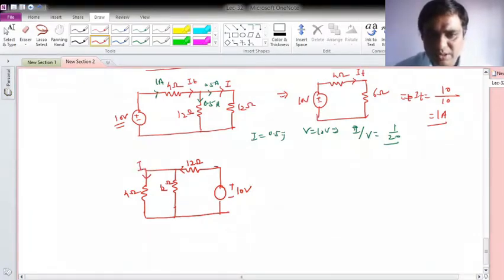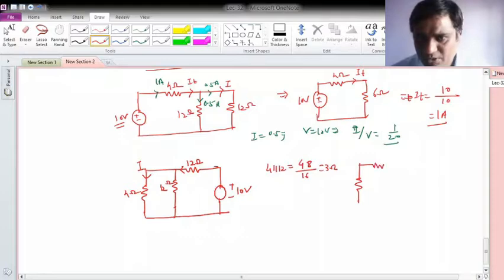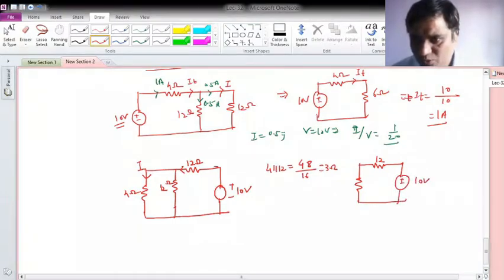So this current can be obtained by taking the parallel form of 4 with 12. So 4 parallel with 12 is 48 divided by 16, which is 3 ohm. Okay, so your equivalent will be this 3 ohm and this 12 ohm, and then your source V was 10 volt.